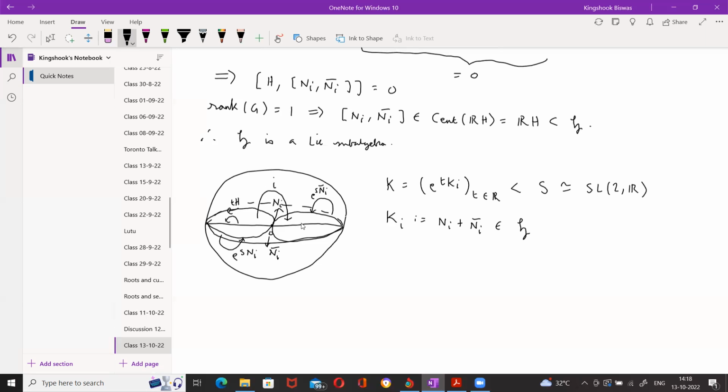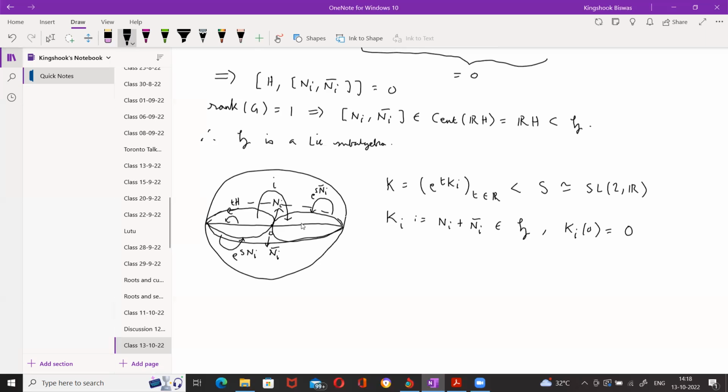So K_i at the origin is 0. So the flow will fix the origin, and it's a flow by isometries. So there will be rotations of this disk. Is this clear? So this is how you get the rotation component. You get N_i plus N_i bar.